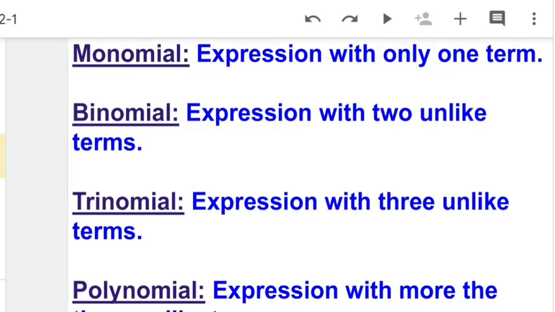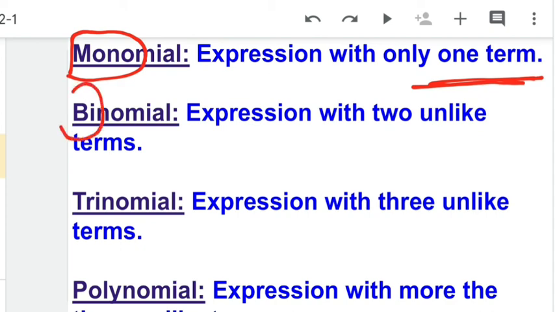Now the next topic is monomial, binomial, trinomial and polynomial. As the term suggests, mono means one, so an expression in which we have only one term is termed a monomial. Second is binomial, bi means two. That means in that expression we have two unlike terms.